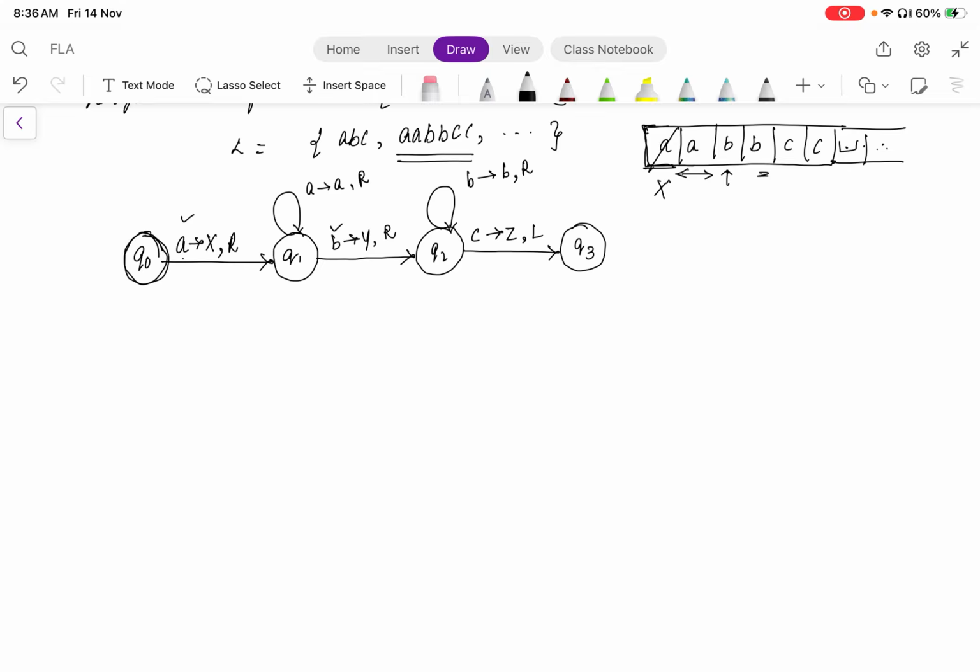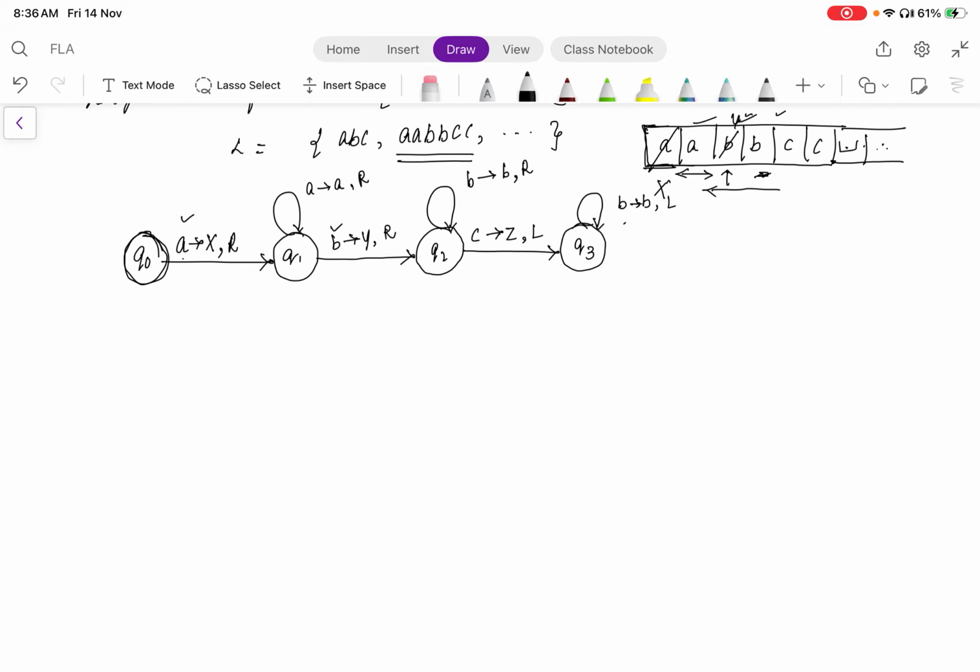Now, while moving back to the beginning of the tape, in between you will have any number of B's, any number of Y's, which we changed B to, and any number of A's. So put them all in the self loop. For B's, don't do anything, keep moving left.